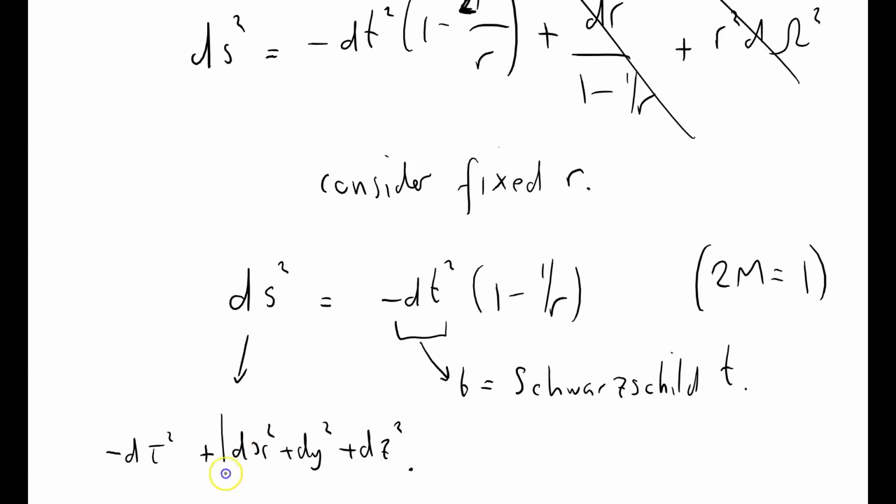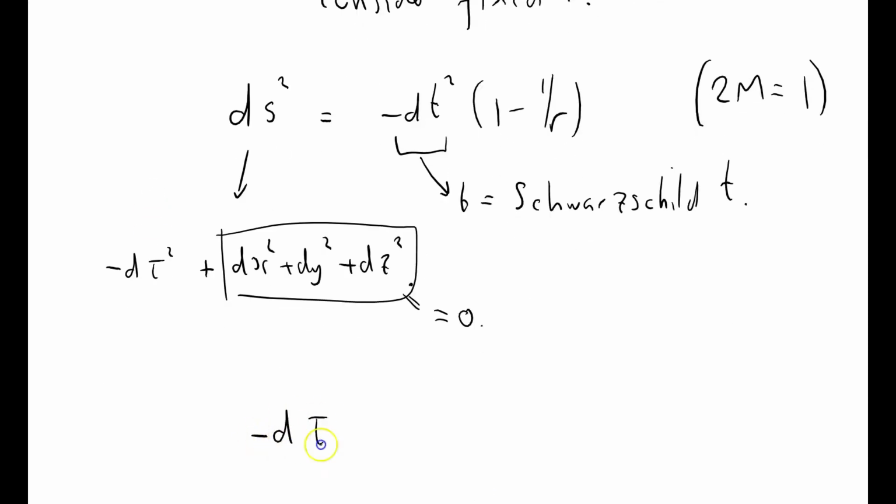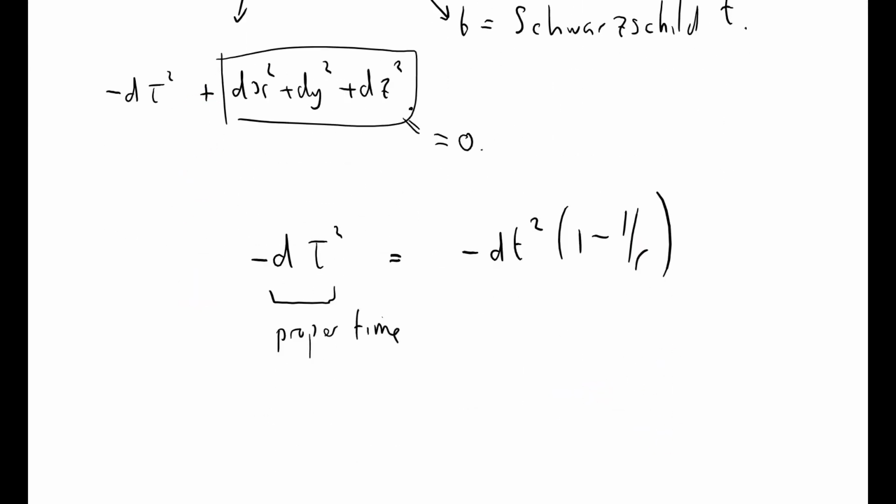Well, if we're fixed, then these are equal to 0 as well. And so that gives me minus d tau squared, this of course being proper time, equals minus dt squared, which is Schwarzschild time, times (1 minus 1 over r).